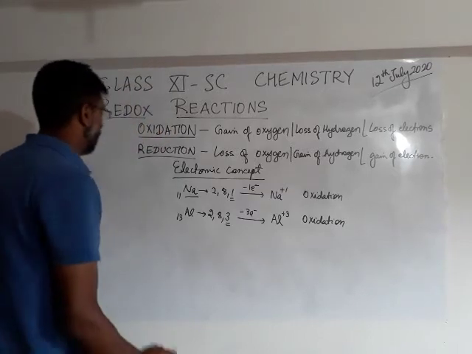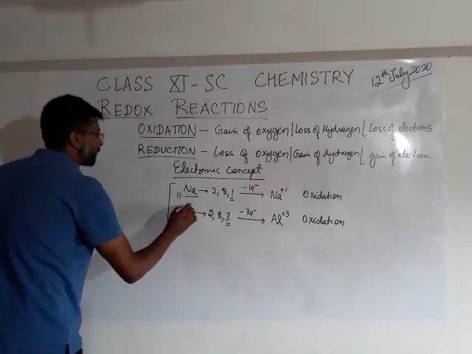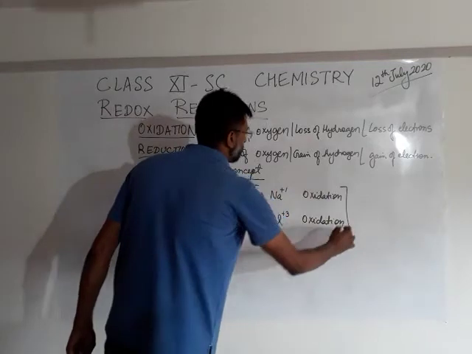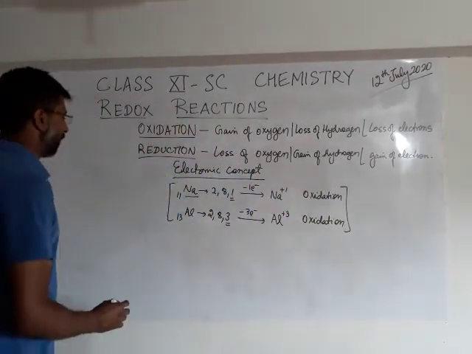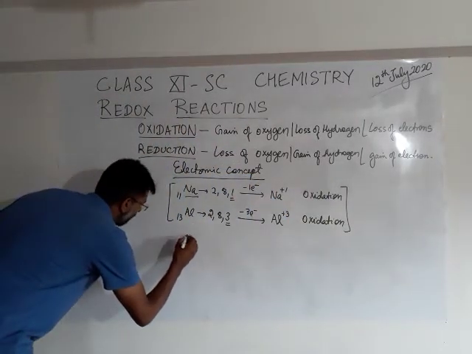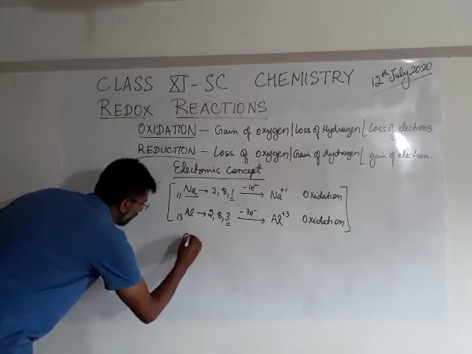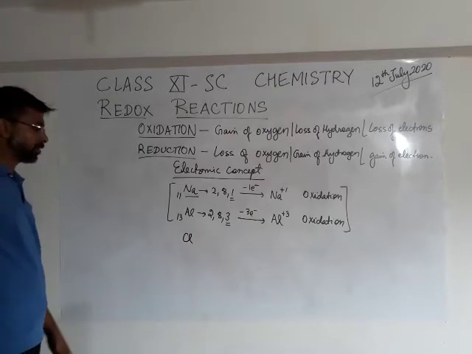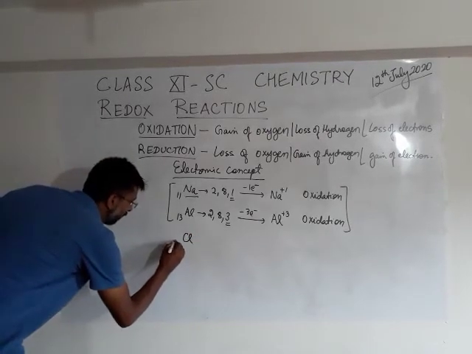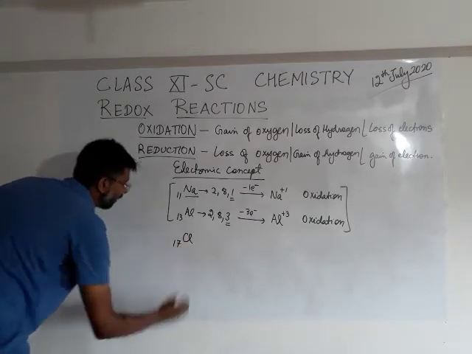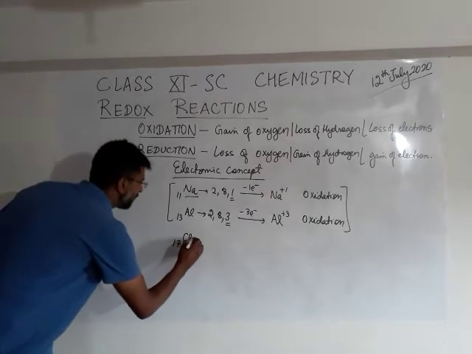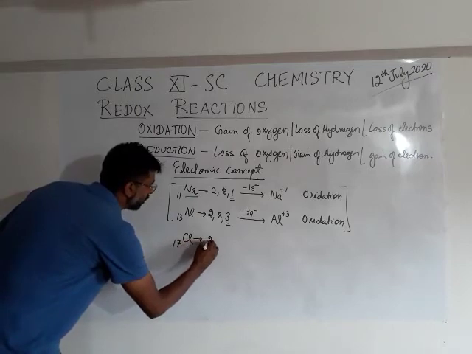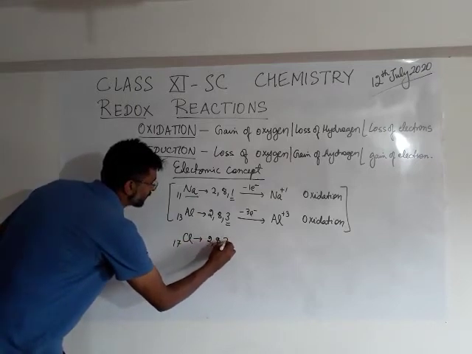Now let us take 2 more examples, by taking non-metals. The first non-metal I would like to take is chlorine, Cl, the chlorine atom. It is a non-metal. Let us verify that. Its atomic number is 17, and its electronic configuration is 2, 8 and 7.